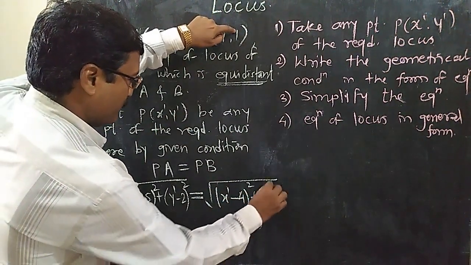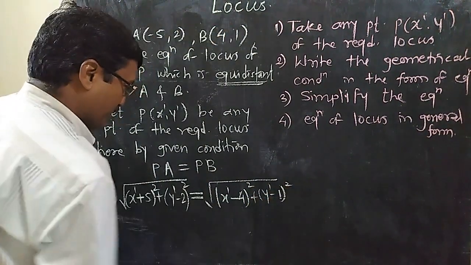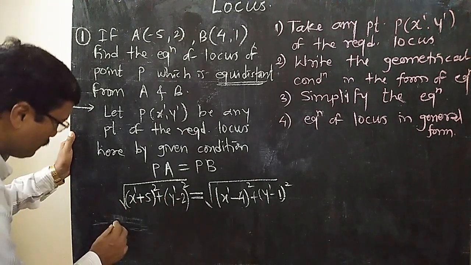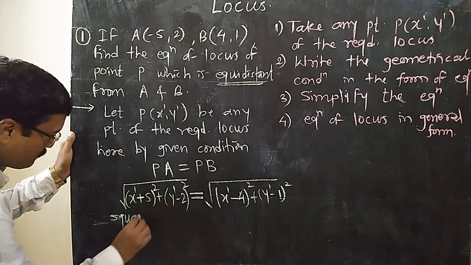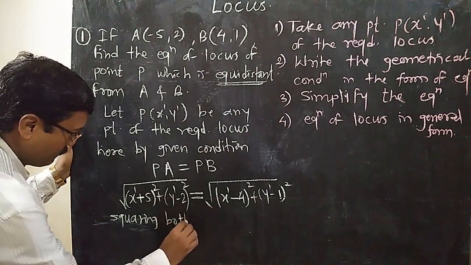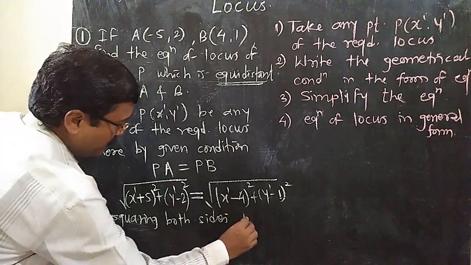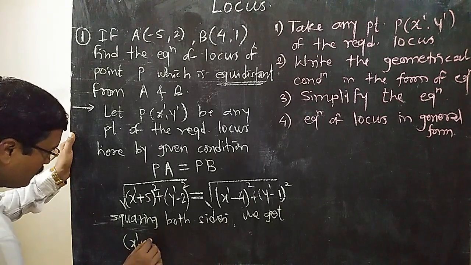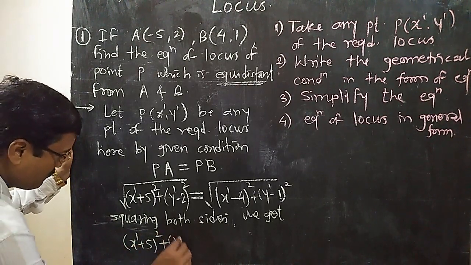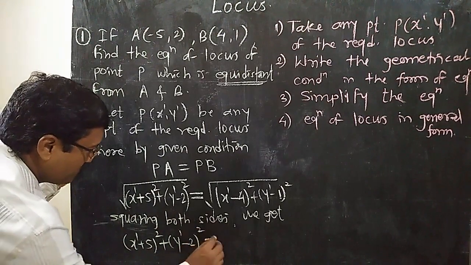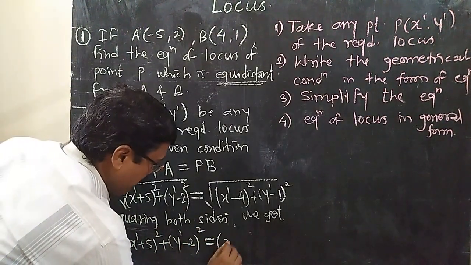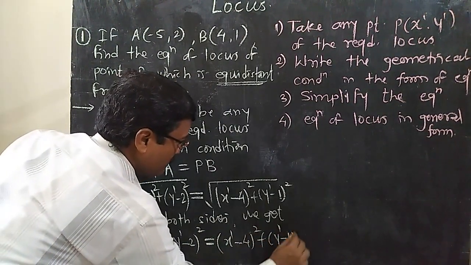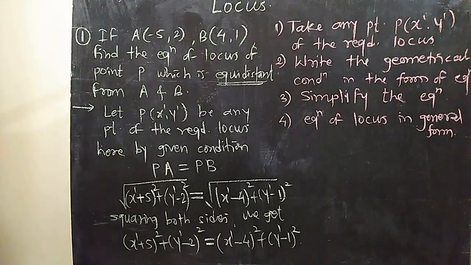Now here we have square roots on both sides, so squaring both sides, we get (x' plus 5) square plus (y' minus 2) square is equal to (x' minus 4) square plus (y' minus 1) square.